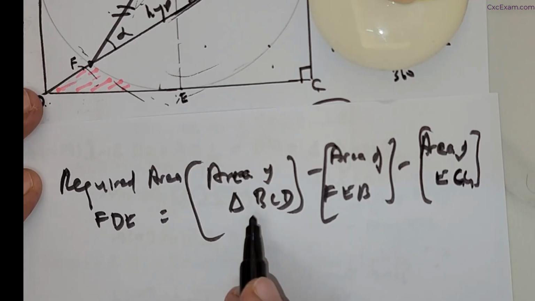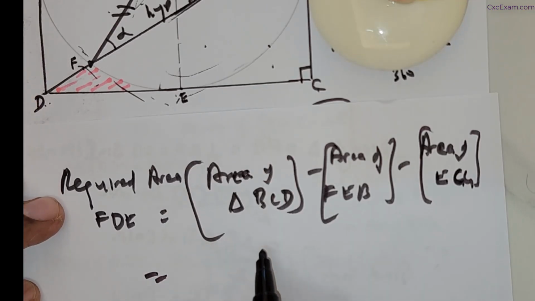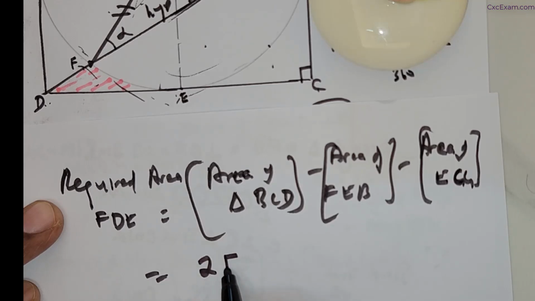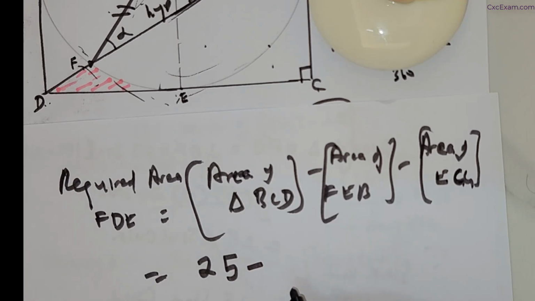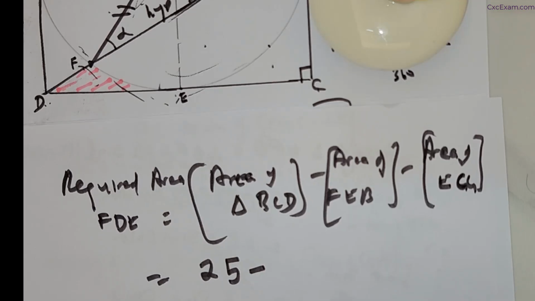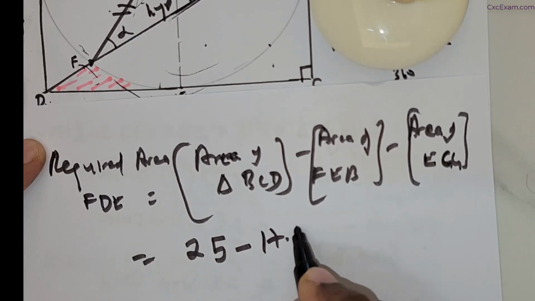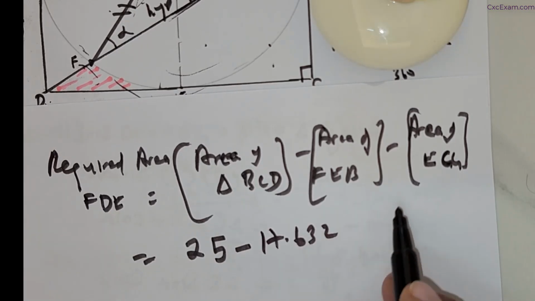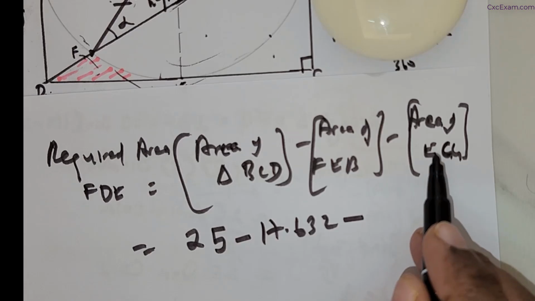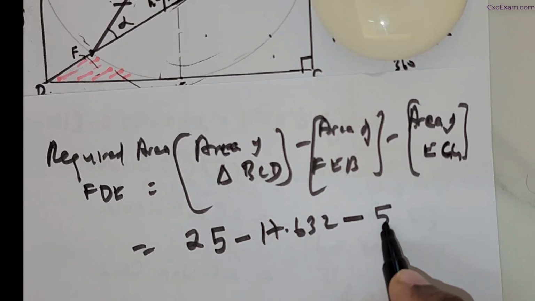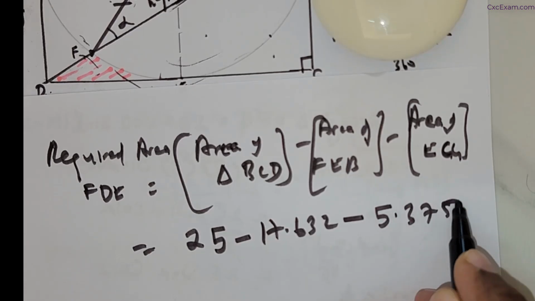Okay, we're taking away all this. Now the area of the triangle BCD, we have already calculated this. That's obtained as 25 square units. Now the area of FEB, we got that, that is 17.632, and we also got the area of ECG, that's 5.375.